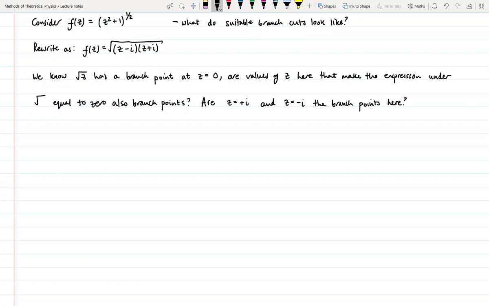To investigate this, we need to fix some notation to describe the points z minus i and z plus i in the complex plane.